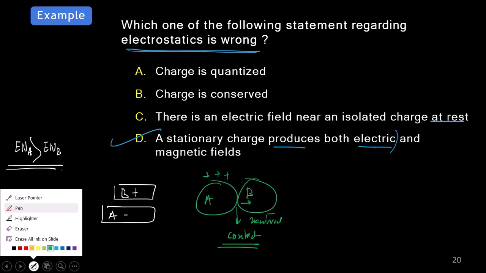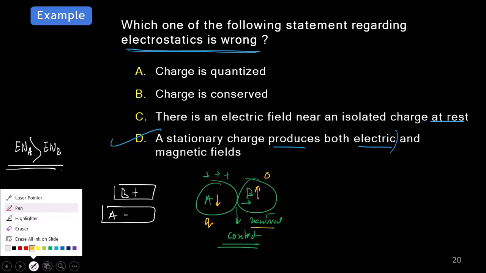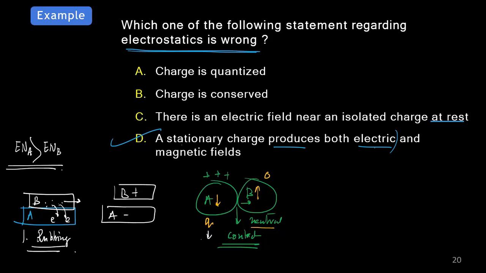After some time, we observe that the charge on body A is reduced and the charge on body B, which was initially neutral, is increased. So both bodies will gain some charge. If both bodies are symmetrical, meaning made of the same material and equal in dimensions such as radius, and body A initially has charge Q and body B has 0, then after contact, Q becomes Q by 2 and 0 becomes Q by 2.